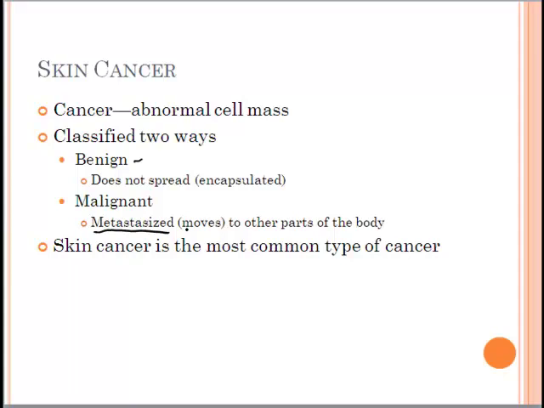So the way cancer happens is it's caused by mutations in your DNA. We talked about DNA a little bit when we talked about organic molecules, but fundamentally, mutations or changes in your DNA sequence are going to cause cancer.